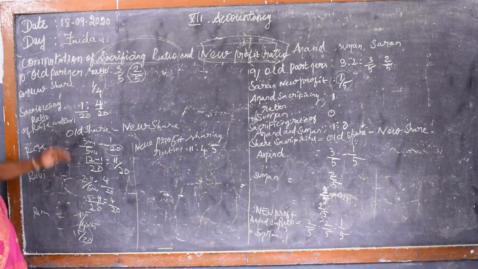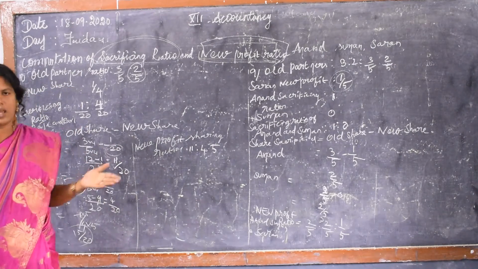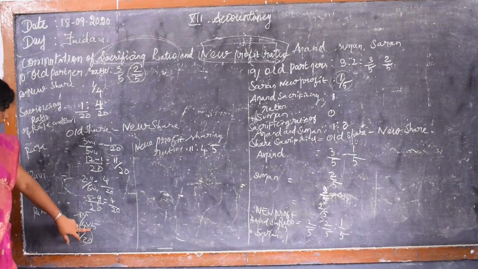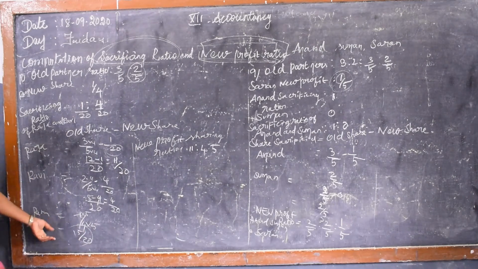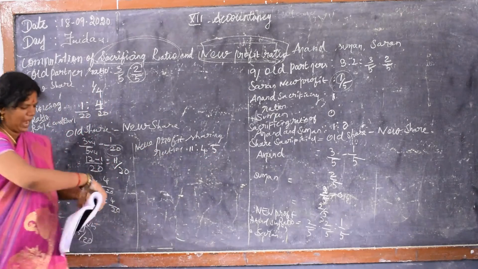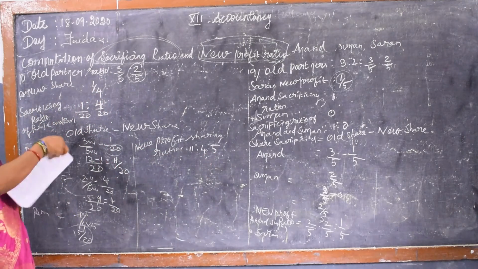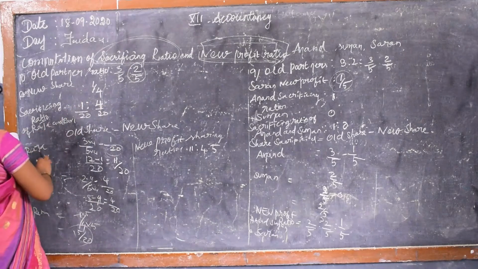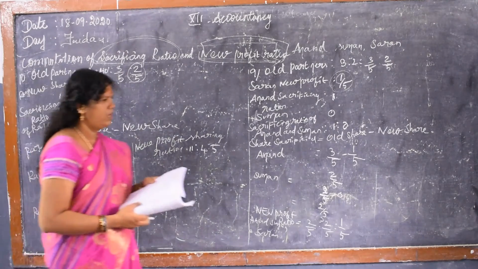The Ram share is already given, but the denominator is not the same, so to equalize you multiply by 5 and you get 5 by 20. So the new profit sharing ratio is 11:4:5, and the sacrificing ratio, we know, is 1:4. Check it out.